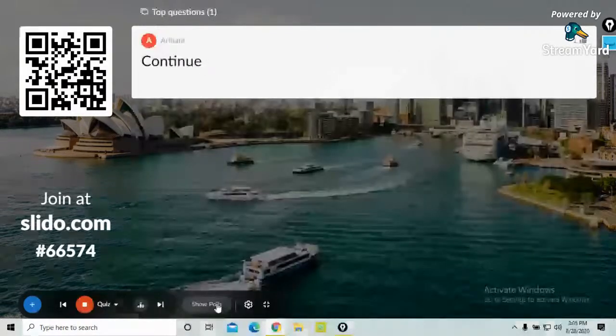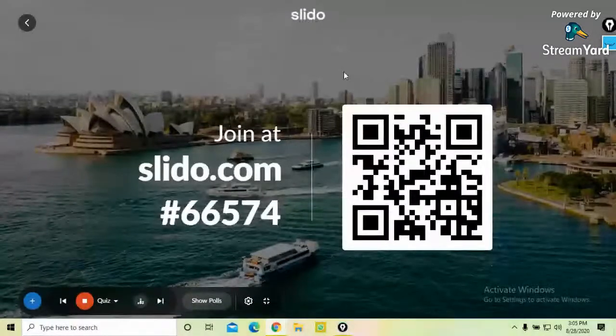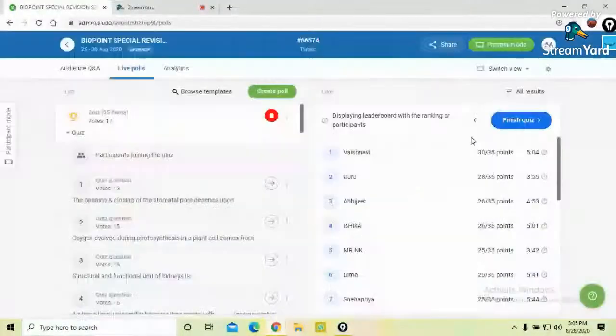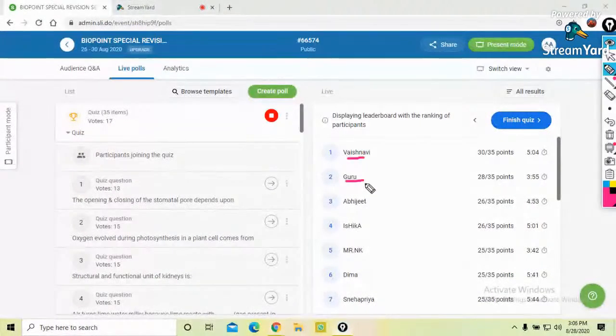Let me see who all are the others who did the quiz today. Vaishnavi did the quiz. Guru did the quiz. Abhijit, Ishika, Mr. NK, then Dima. Dima, look. Mr. NK and Dima have the same score, but the time difference made your rank go down.